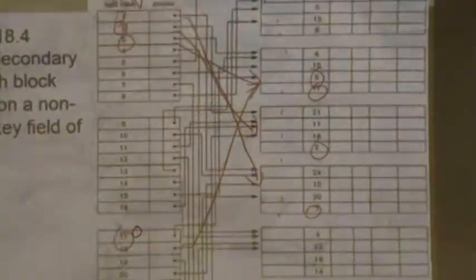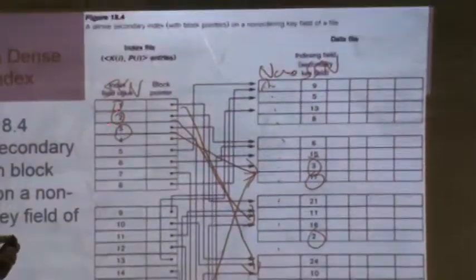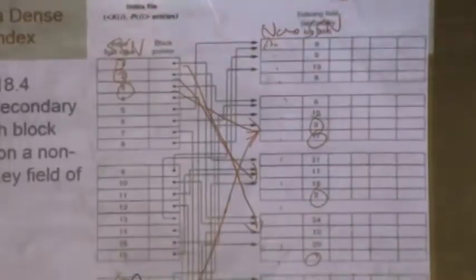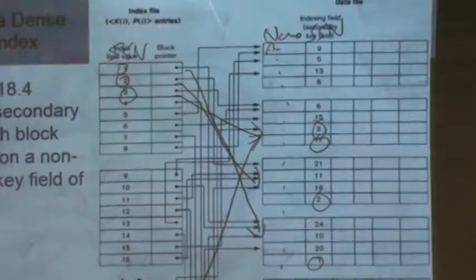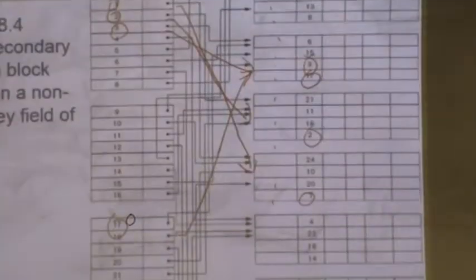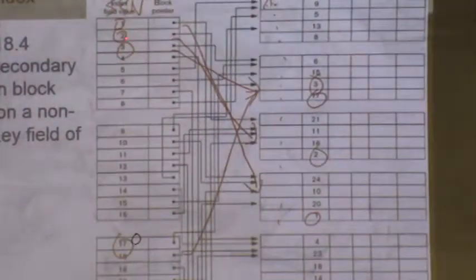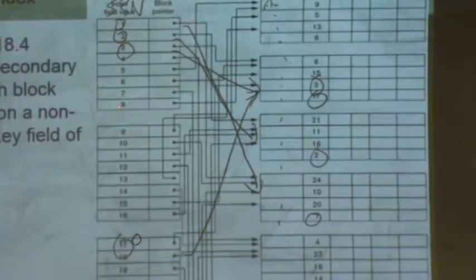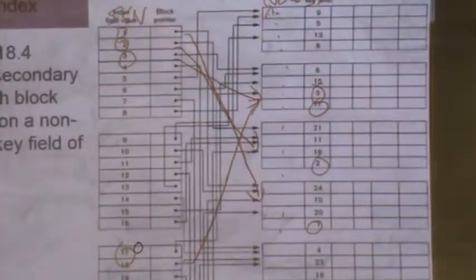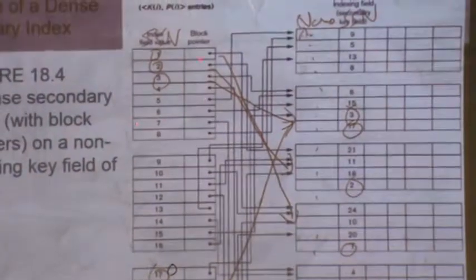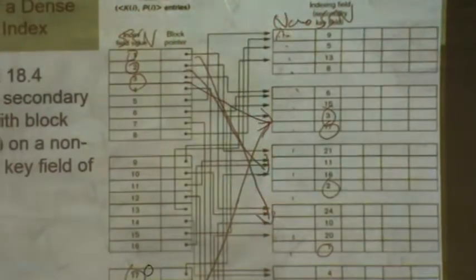Then, in this case, what is the fan-out or blocking factor of the index block? Oh, by the way, how many index blocks are here? 1, 2, 3 index blocks. And what is the fan-out or blocking factor of the index block? It's 8. Okay. How many index key entries? 1, 2, 3, 4, 5, 6, 7, 8 index key entries for each block.